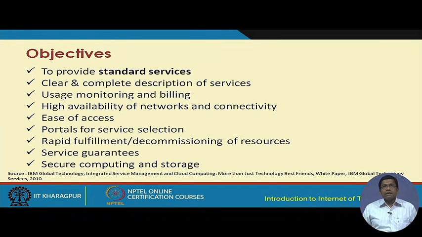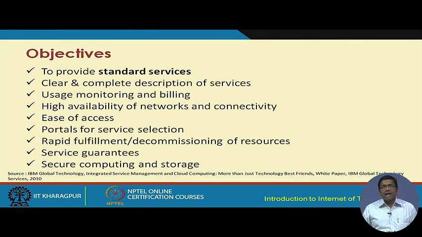It is required to offer different types of services, including usage monitoring and billing. There should be a clear and complete description of the services that the customer is going to get. Then there are issues with respect to availability of networks and connectivity, which should be available continuously. High availability of networks and connectivity should be there.